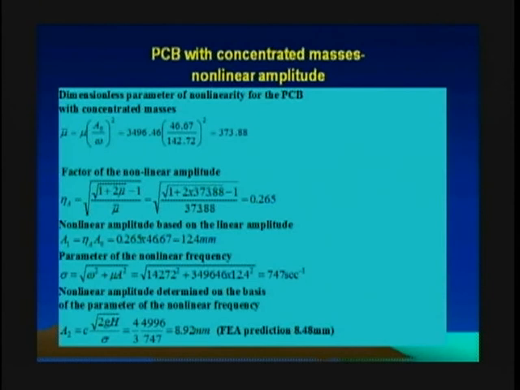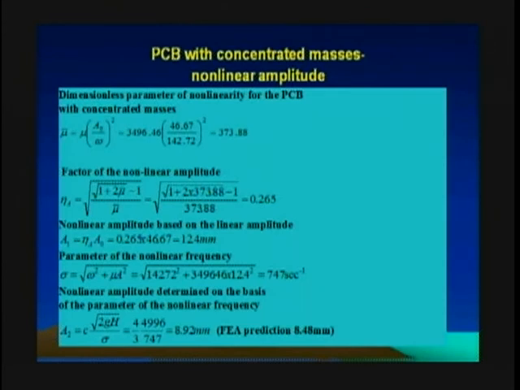And then we calculated the nonlinear amplitude by multiplying the linear amplitude, which is huge, 46 millimeters, unrealistically, but when we multiply it by the factor that considers the effect of nonlinearity, 0.265, the result makes sense and was confirmed by finite element analysis.